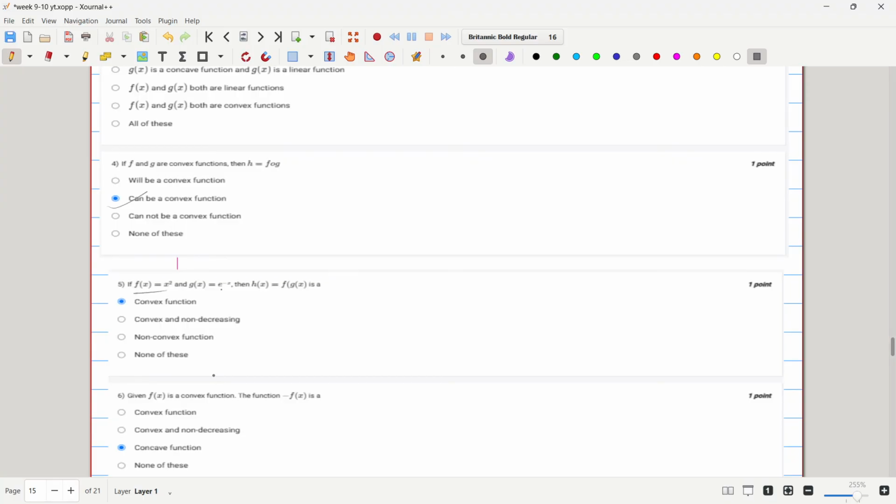f(x) is x square, g(x) is e raised to power minus x. Then f of g(x) can be written as (e raised to power minus x) whole square, right? So e raised to power minus 2x. This is always greater than equal to 0. So this is a convex function.